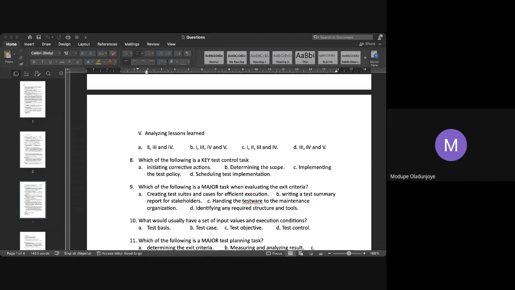The monitoring is a way to monitor the test process. And then if there are issues, you rectify the issues.